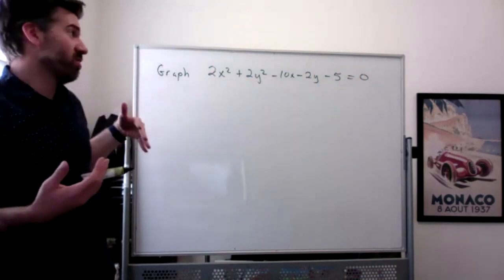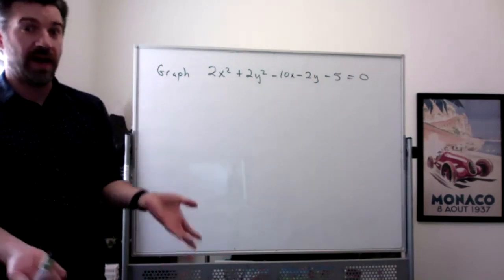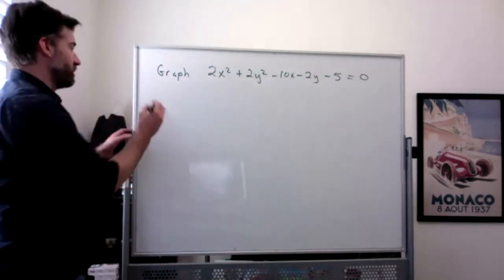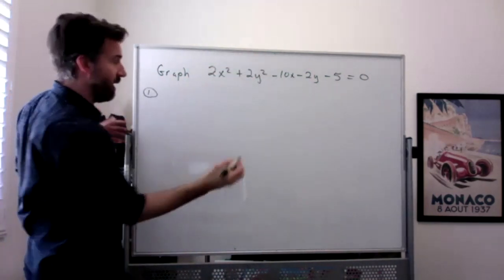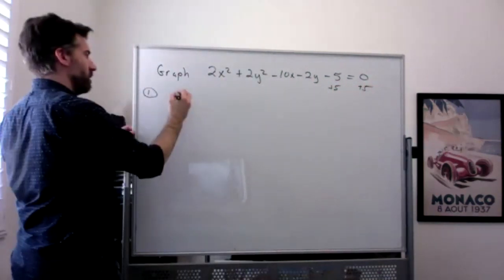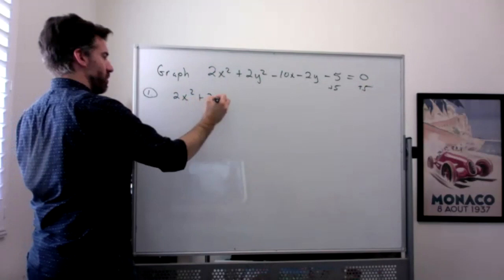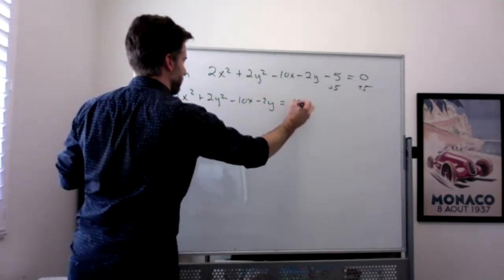But I don't know the important parts about the circle, right? I don't know what the center is. I don't know what the radius is. I have to do the work. So the first thing, I'm going to bring the 5 over to the other side of the negative. I'm going to add 5 to both sides. So I'm going to get 2x squared plus 2y squared minus 10x minus 2y equal to positive 5.